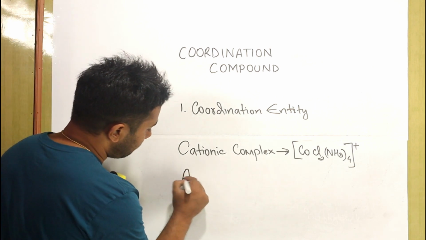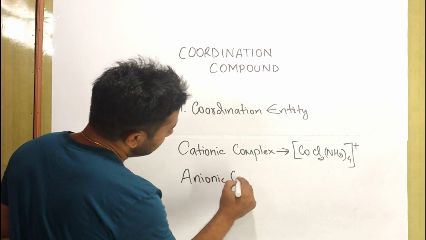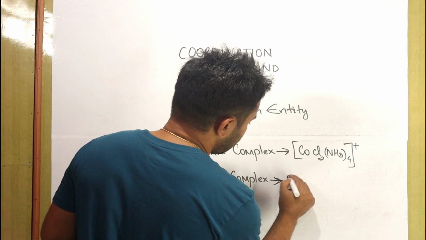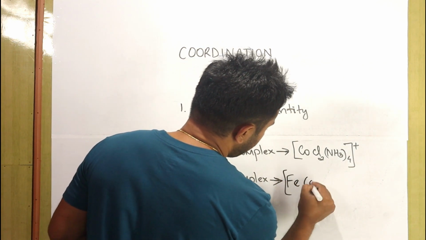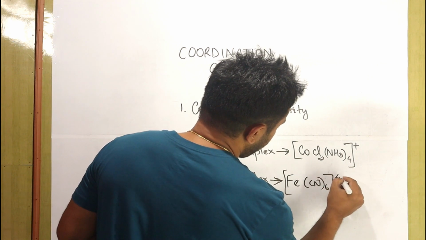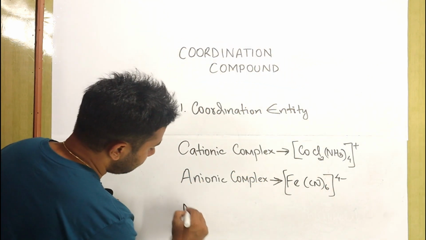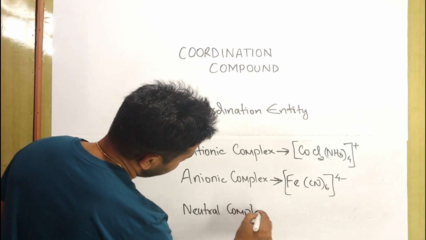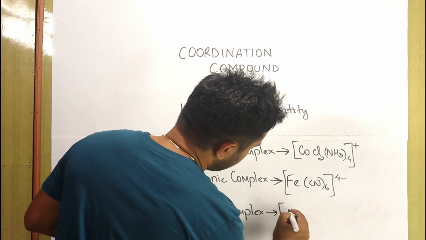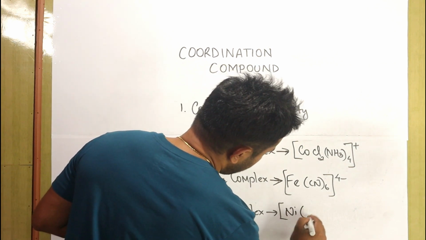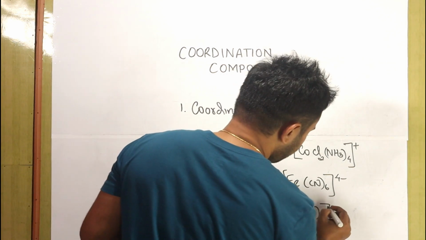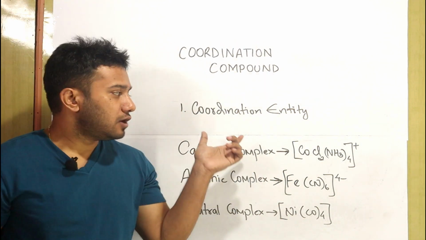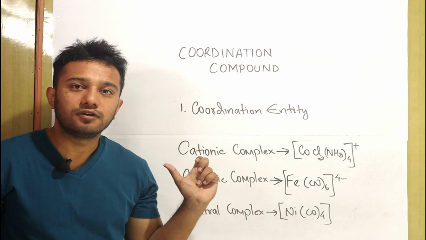Second we have anionic complex. And the third we have neutral complex. So out here, these are the different types of complexes.